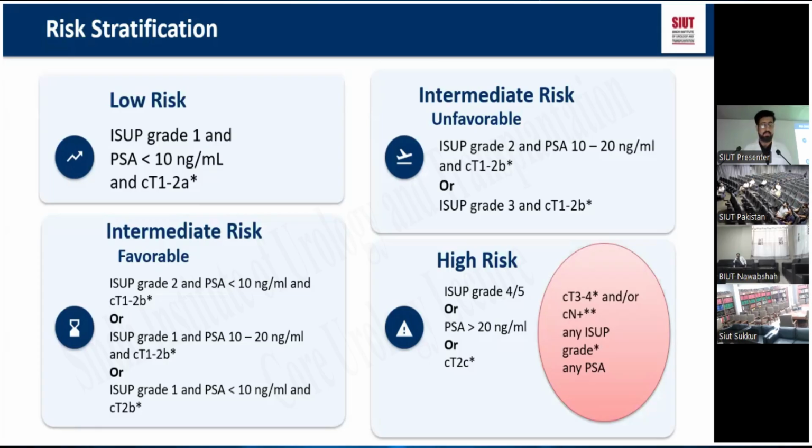So this is the D'Amico risk stratification, or they call it also D'Amico classification. It divides prostate cancer into low, intermediate, and high risk. Intermediate is divided also into subcategories as favorable or unfavorable. So the concern of our topic today is high risk, and the subdivision of it is locally advanced, which is highlighted with the red circle.